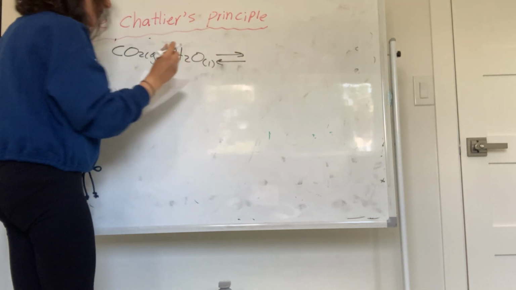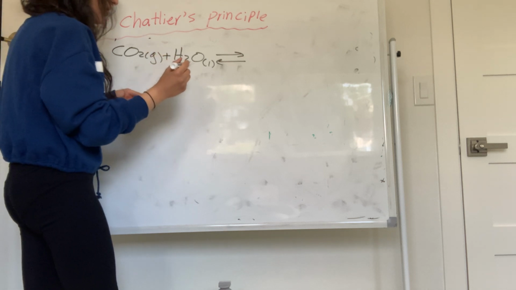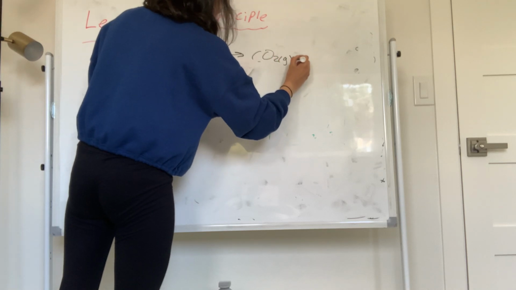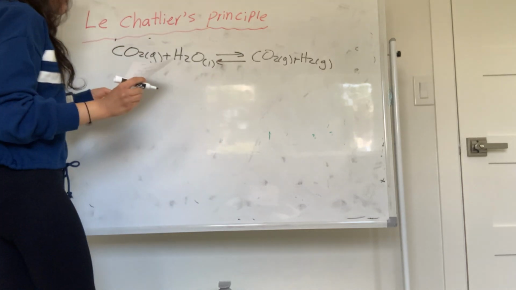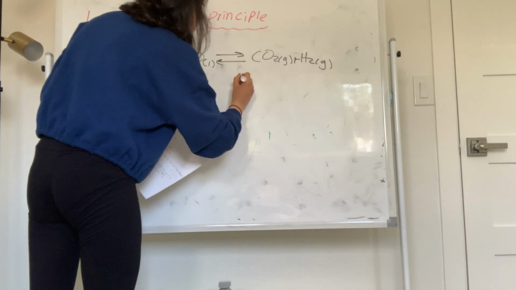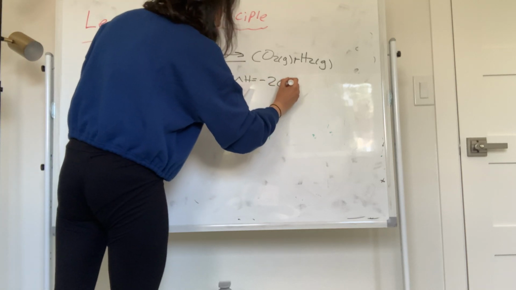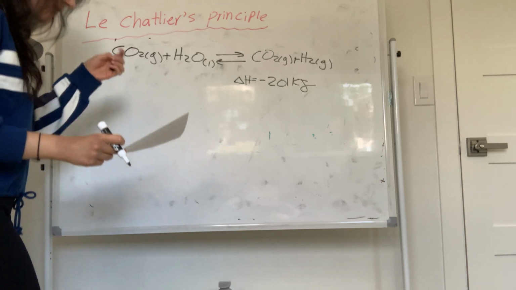It's an equilibrium reaction. It goes to carbon dioxide gas and H2 gas, okay? And then the delta H of this reaction is negative 201 kilojoules. And you'll see why that matters in a second, okay?